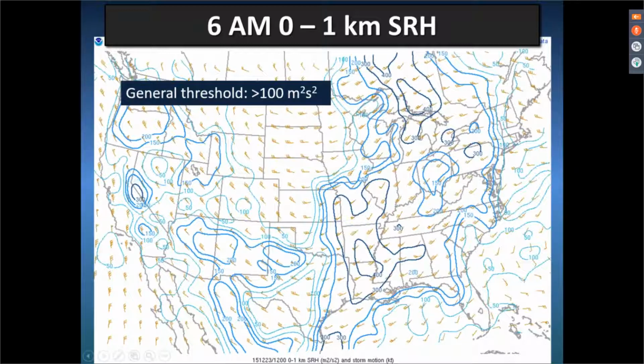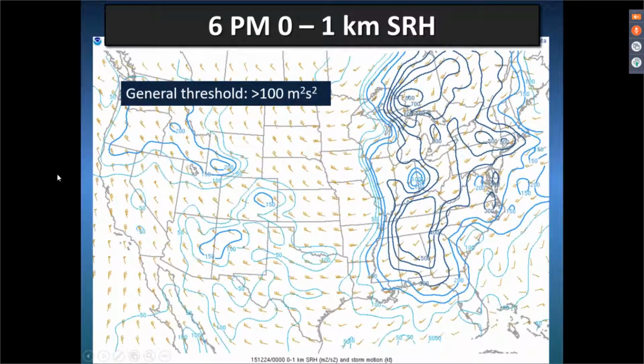Looking here at 6 a.m. in Middle Tennessee, this is the 200 line up here, and here's the 300 line. So it looks like between 200 and 300 SRH is present across Middle Tennessee this morning, which is a little high, but nothing earth-shattering that we're going, oh my gosh, we need to batten down the hatches for.